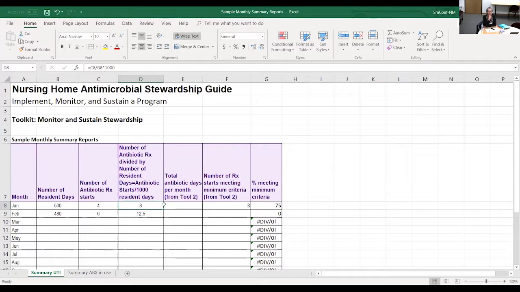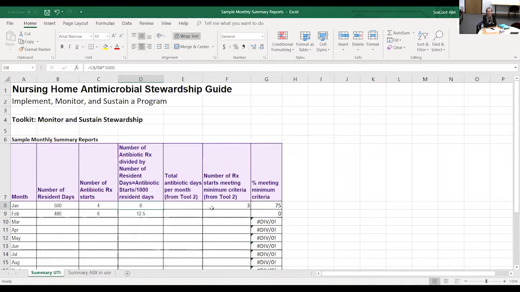If I was very advanced and able to collect how many actual antibiotic days or days of therapy I had from tool 2, I could put that in, and then I could calculate the number of antibiotic days over patient days.